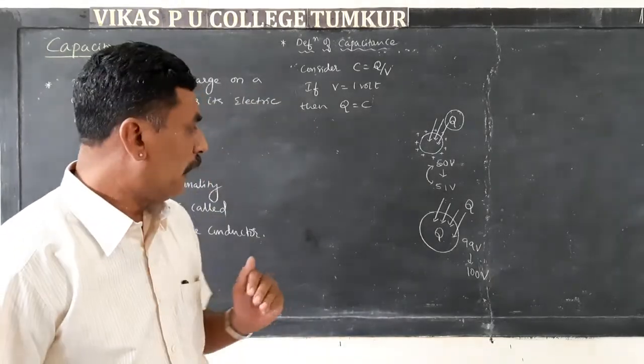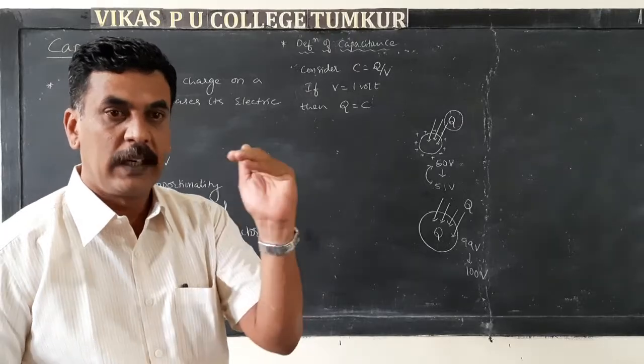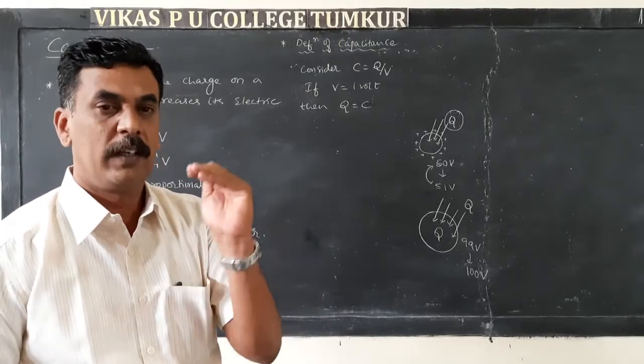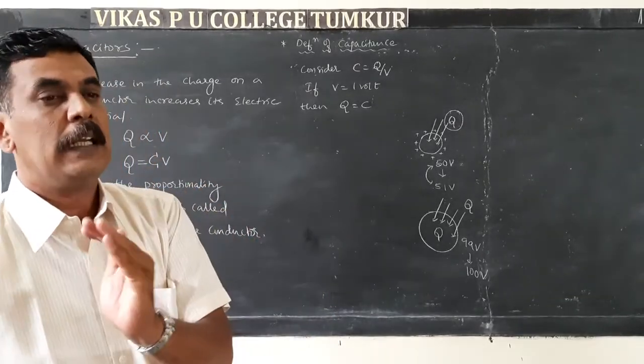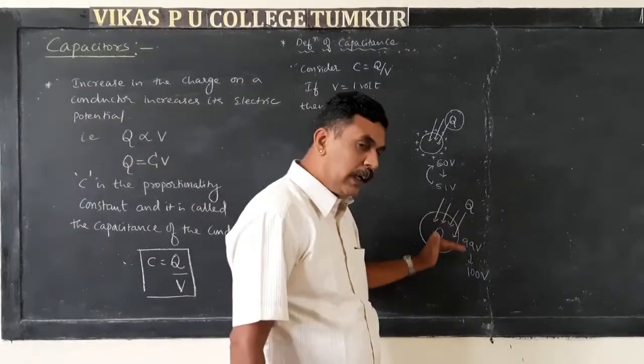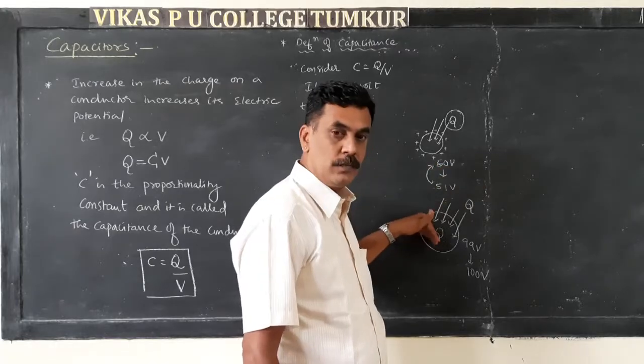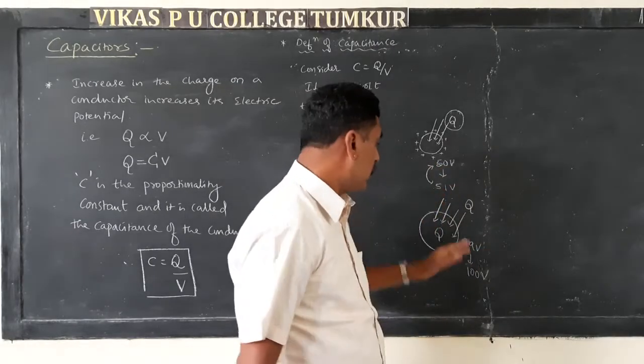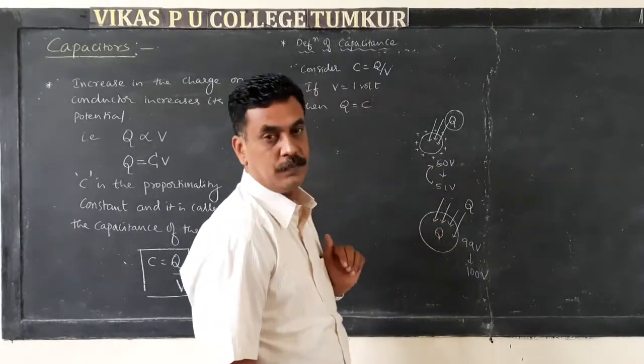If I go on adding the charges, 99 becomes 99.01, 99.02, 99.03, and so on, and it keeps increasing and reaches 100. By the time it reaches 100, I have already added some charge. So that charge that I have added is its capacitance.